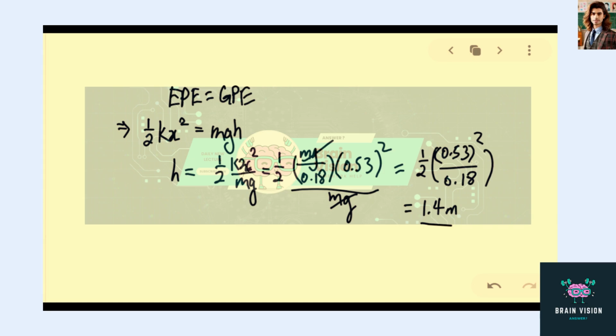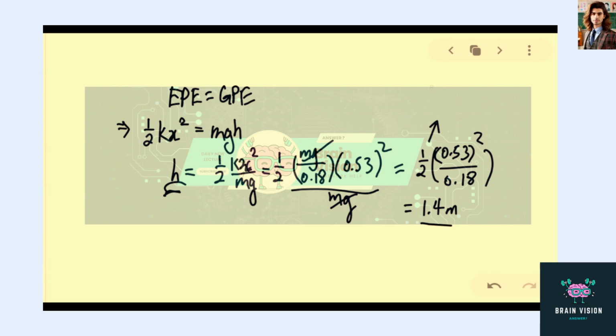Lastly, assuming that we were to do it on a different planet with a different value of g, we want to see if this actually affects our stunt. And from our expression for h, we see that it doesn't depend on g.